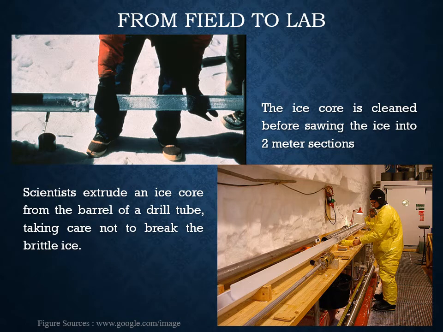continuous ice core record. Now, after getting the ice cores from the field, they are cleaned before they are cut into smaller pieces of 2-meter sections. Scientists extrude these ice cores from the barrel, clean them and cut them into 2-meter sections so that they can be handled easily.